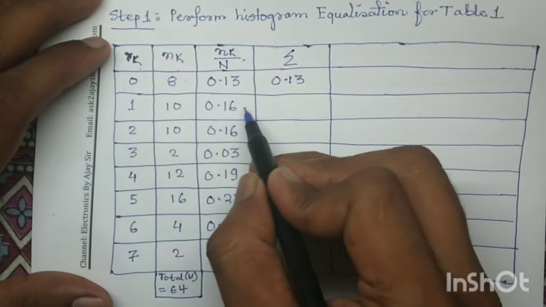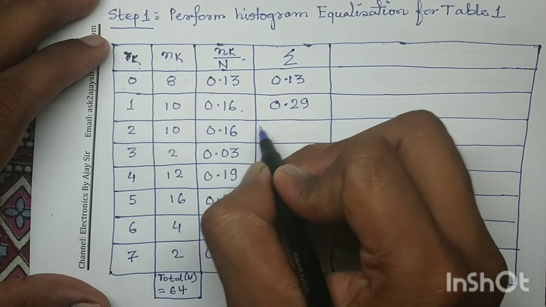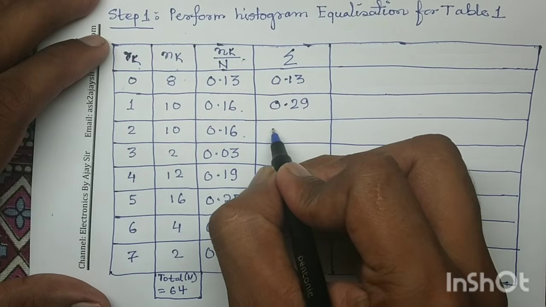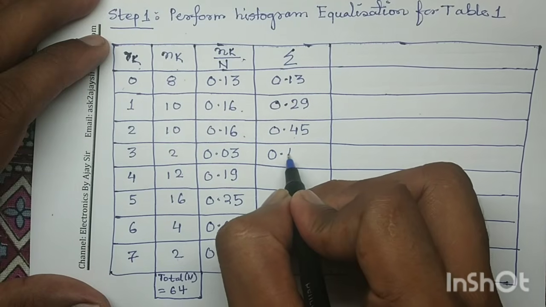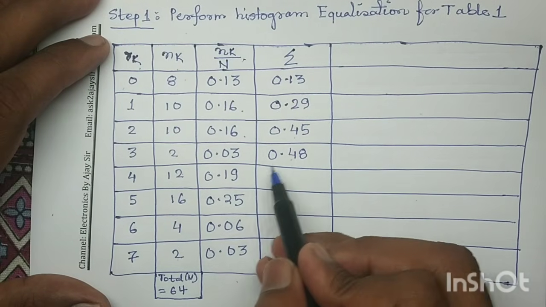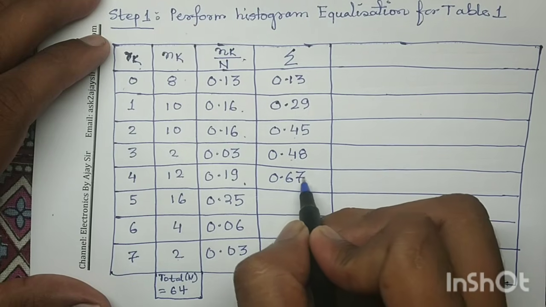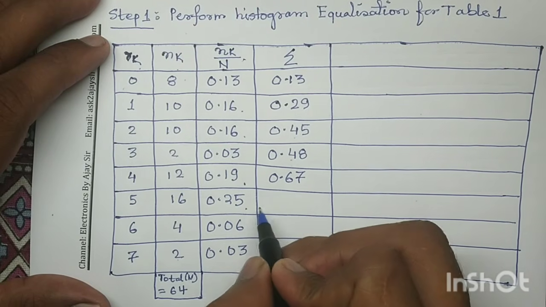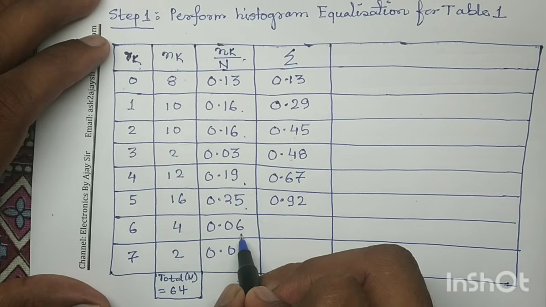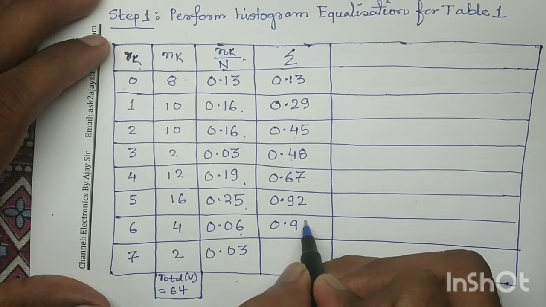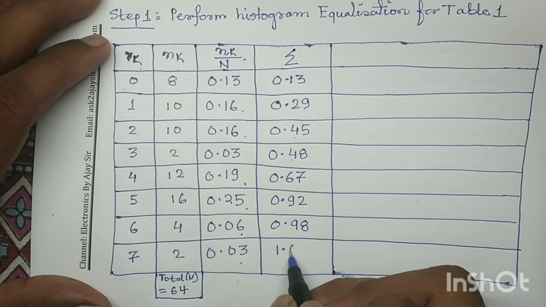Next, 0.13 plus 0.16 is 0.29. 0.29 plus 0.16 is 0.45. 0.45 plus 0.03 is 0.48. 0.48 plus 0.19 is 0.67. 0.67 plus 0.25 is 0.92. 0.92 plus 0.06 is 0.98, and 0.98 plus 0.03 is 1.01.